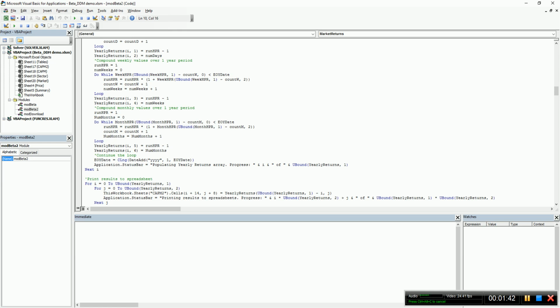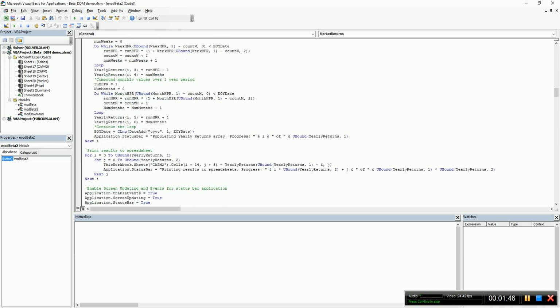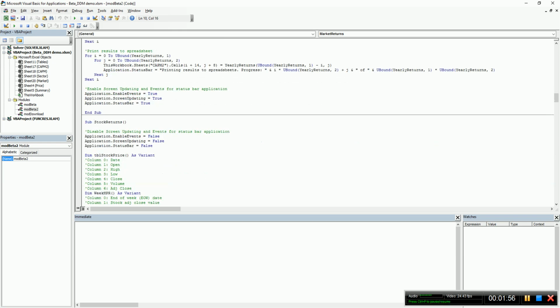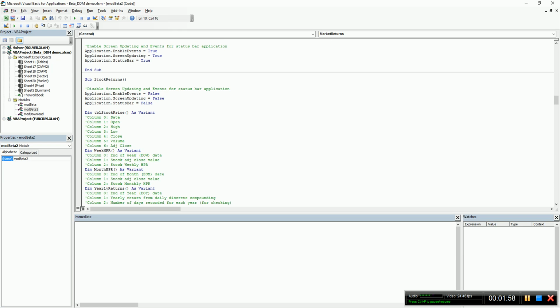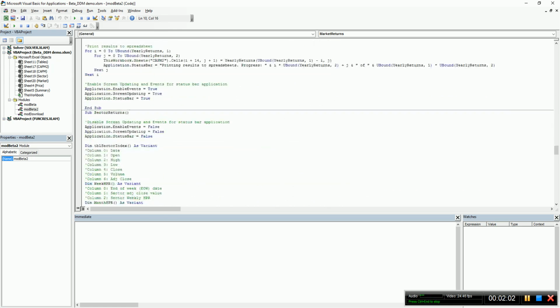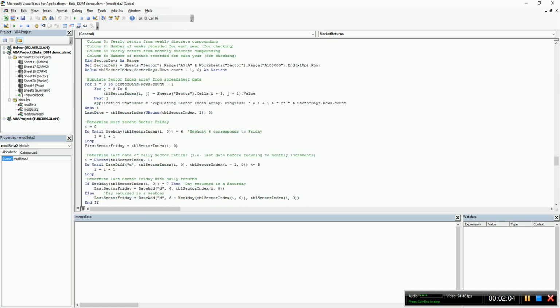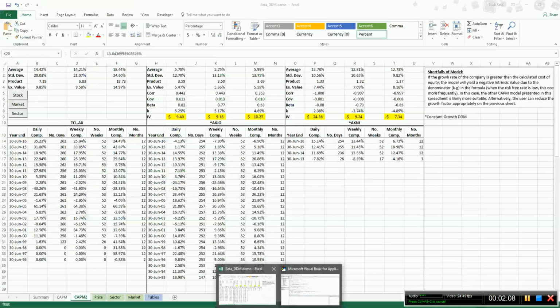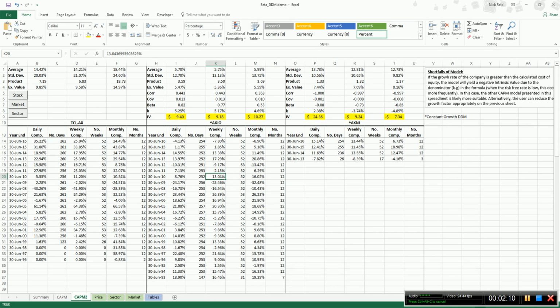It compounds them and provides a yearly average. And then it repeats that for each year where data is available and then prints to the screen. Basically the same process is repeated for the stock returns and also the sector returns. So from there we get the average yearly returns that we saw previously.